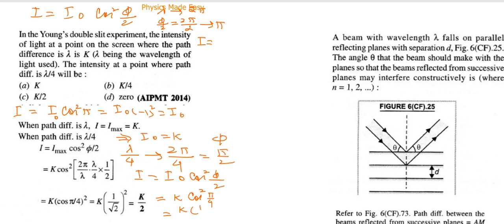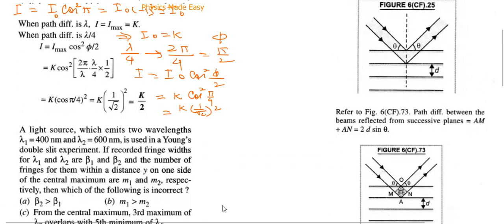So this is K. Cos pi by 4 is 1 by under root 2, square of this, and this is K by 2. This is equal to K by 2.